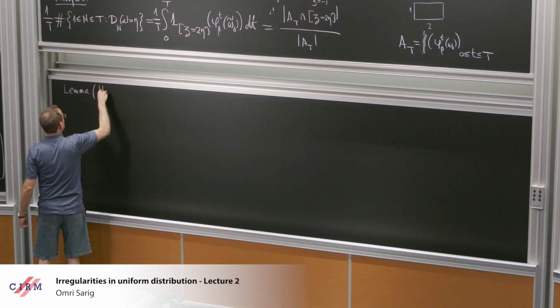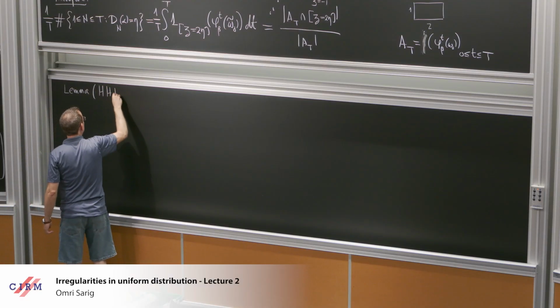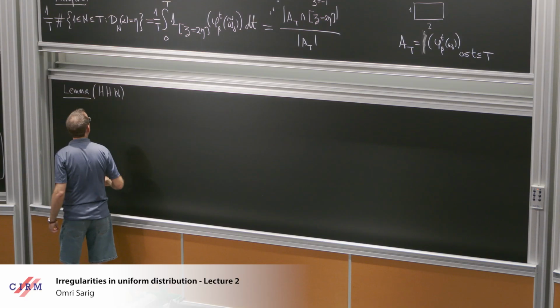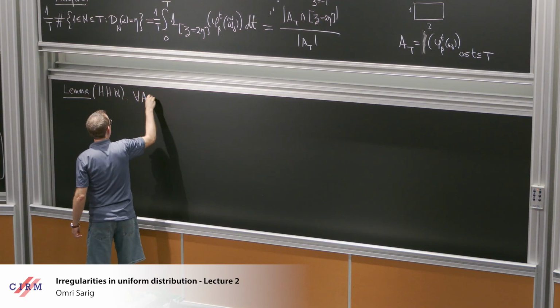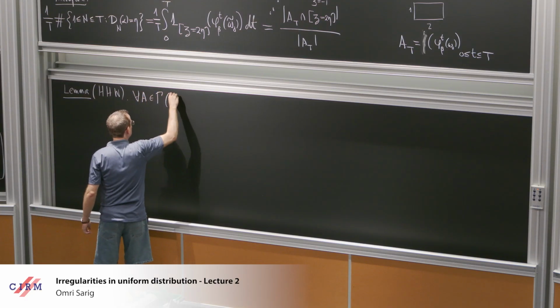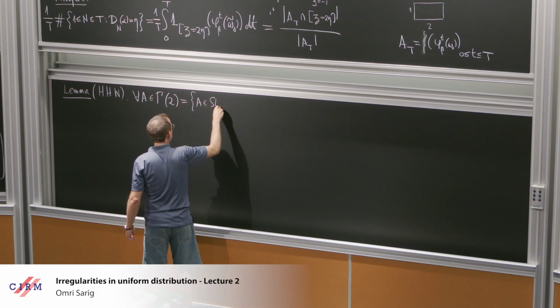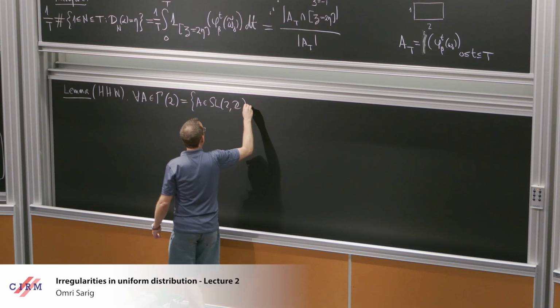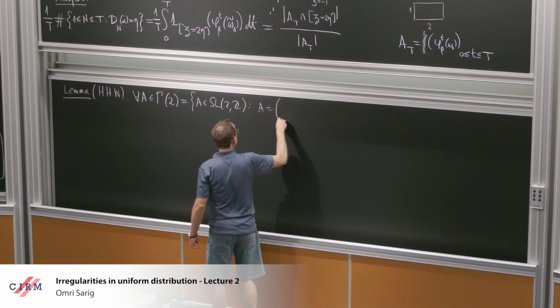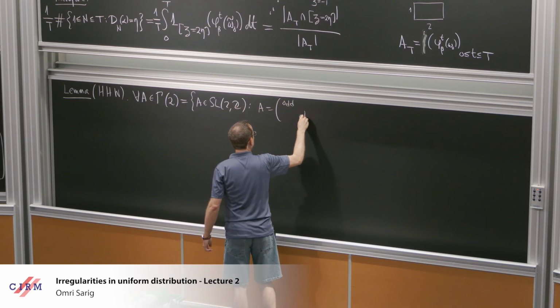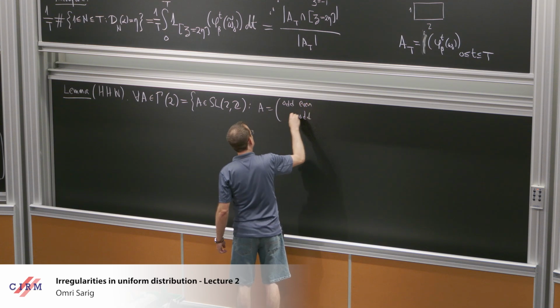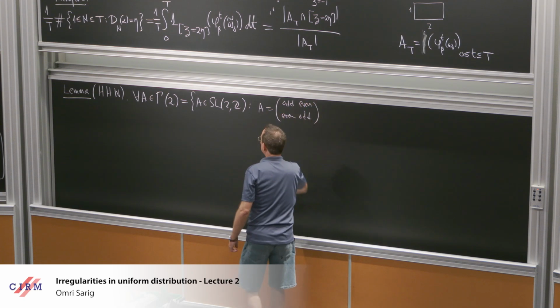Again, due to Pat Hooper, Pascal Hubert, and Barak Weiss: for every matrix in Gamma 2, so what is Gamma 2? Gamma 2 are all the matrices in SL2Z which have the parity conditions odd, odd, even, even.